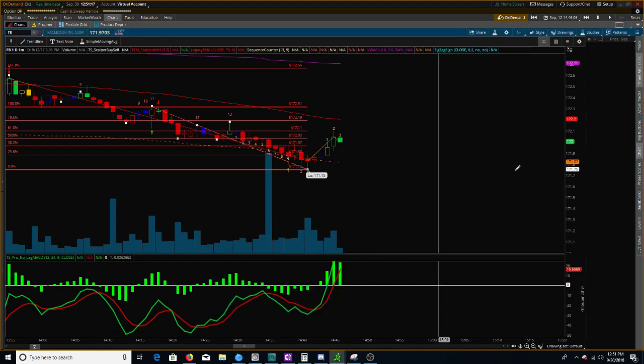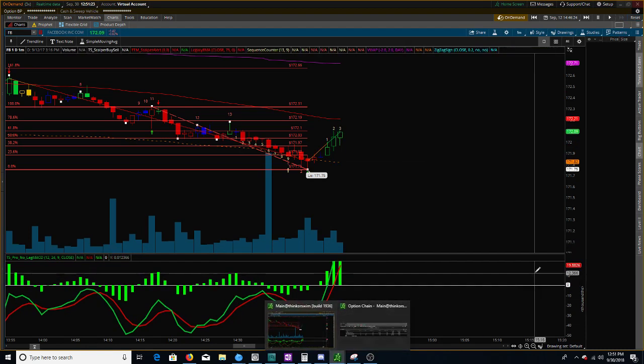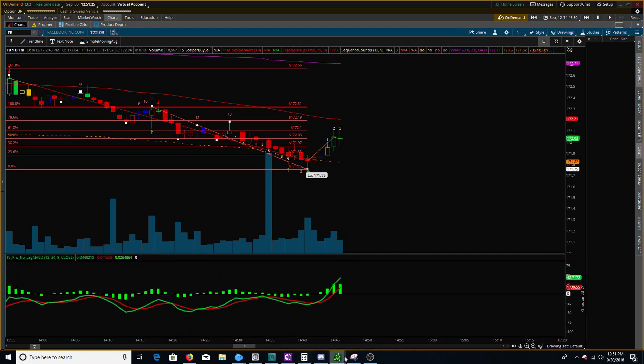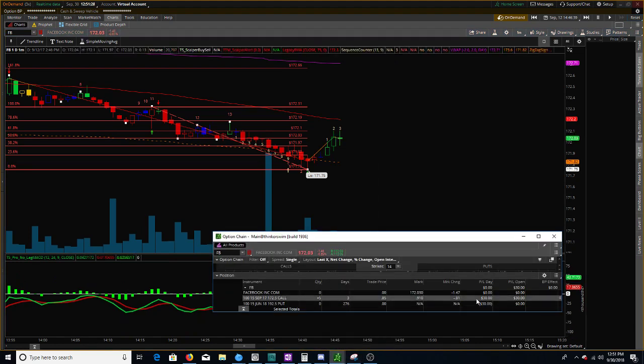I'm gonna fast forward. Let's get this over. Where are we going? There we go. And kind of adjust this. I'm up $30. Now, if it goes straight through this legacy right here, I probably wouldn't sell, but we'll see what happens.